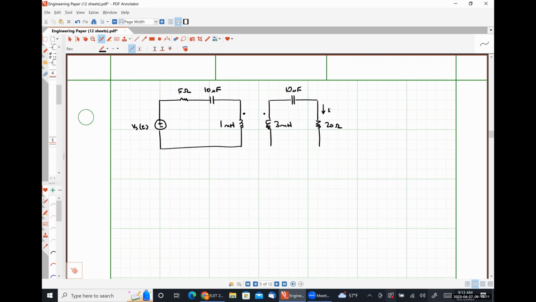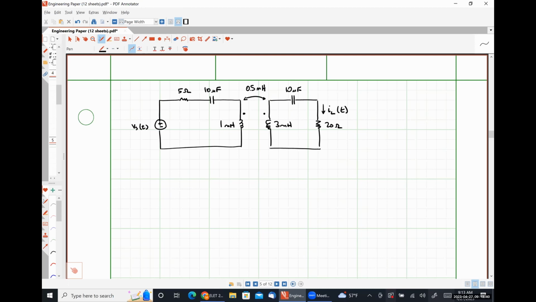And what I want to determine is the current flowing through my load resistor. So I'm going to call this IL of t for this system. And the mutual inductance coupling these two circuits together is 0.5 millihenry. Okay.